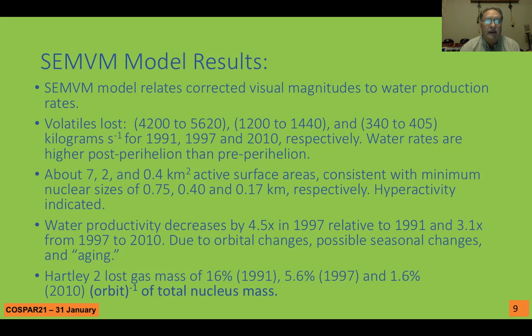So we can see that the model results also indicate that Hartley 2 lost about 16% of its mass per orbit in 1991, about 5.6% in 97, and 1.6% in 2010. That would be the total volatile mass loss compared to the total nucleus mass per orbit.